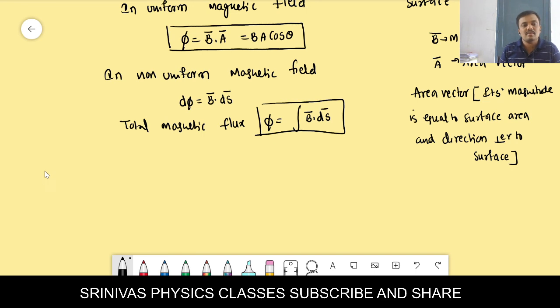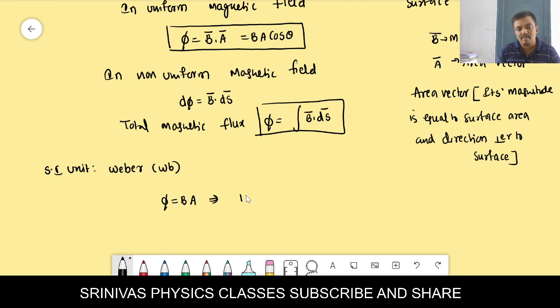Now the SI unit of magnetic flux. The SI unit is Weber, WB. Otherwise we can write the flux formula as BA.